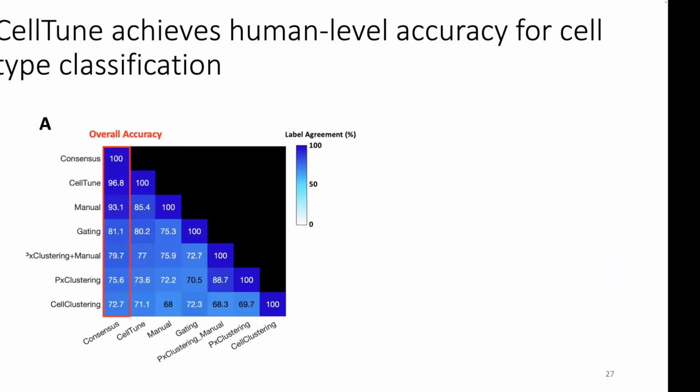And it gets a very high accuracy when we took a group of 3 manual labelers and saw the consensus between the 3 of them, whatever the majority vote. And CellTune was higher than the highest manual labeler, although it's not a huge jump, but the jump between a perfect gating strategy or clustering strategy is huge, because those are in the 80% compared to 95% for this.